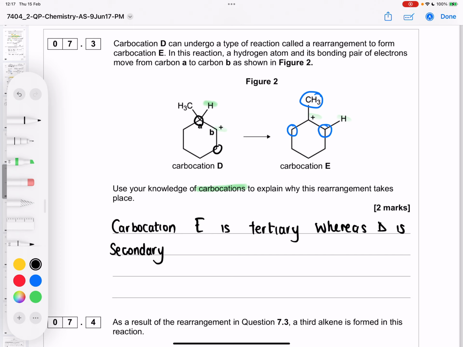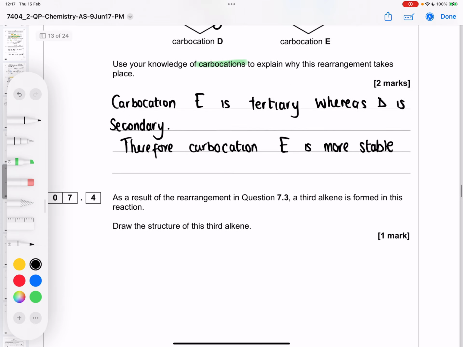And these alkyl groups that are attached make that carbocation more stable. So it would happen because it's more stable to be E than it is to be D. It wants to be more stable, lower in energy, so it rearranges to be carbocation E.